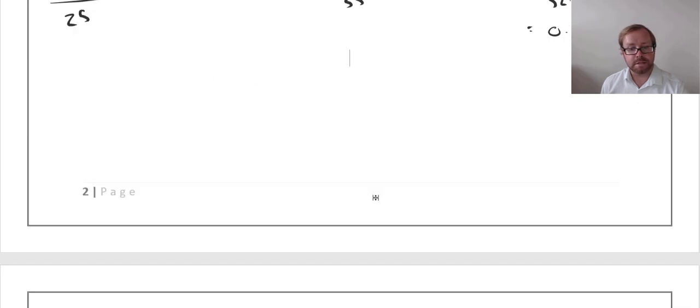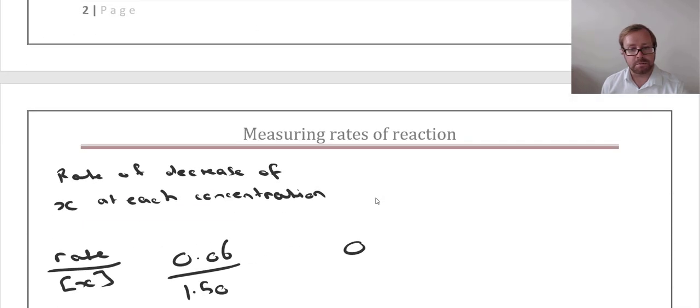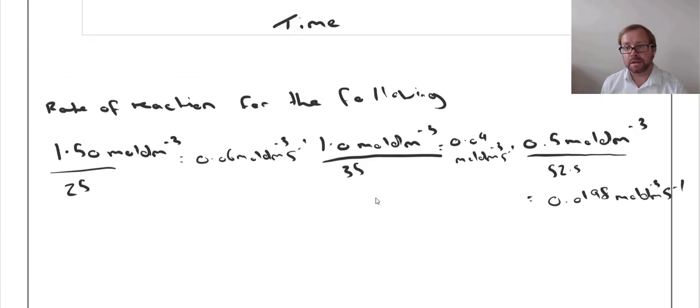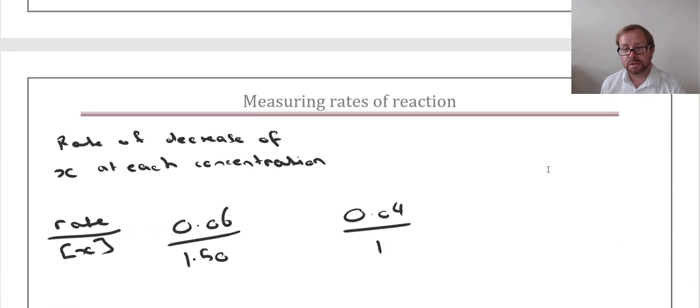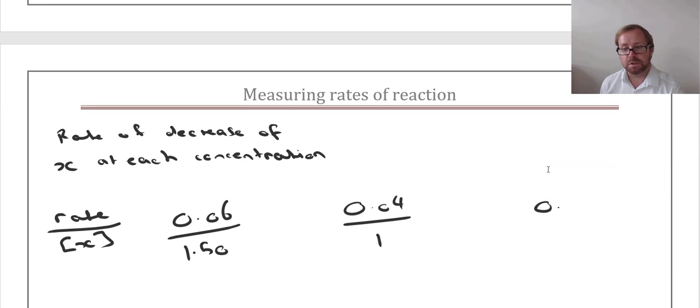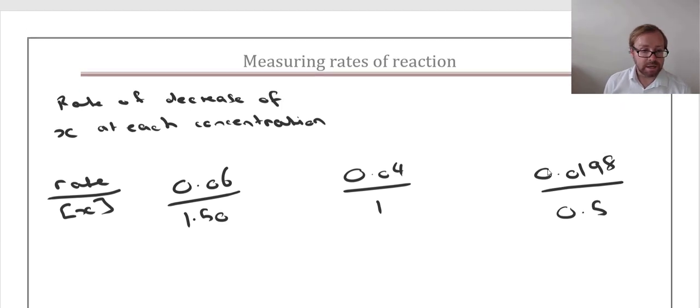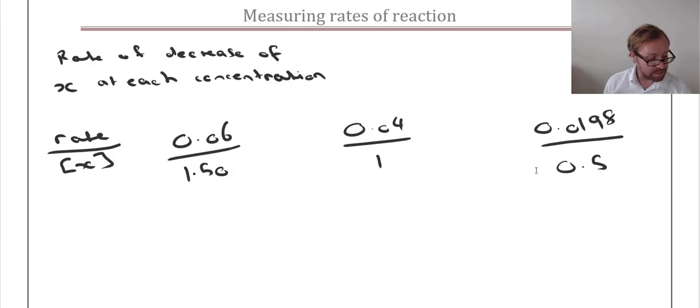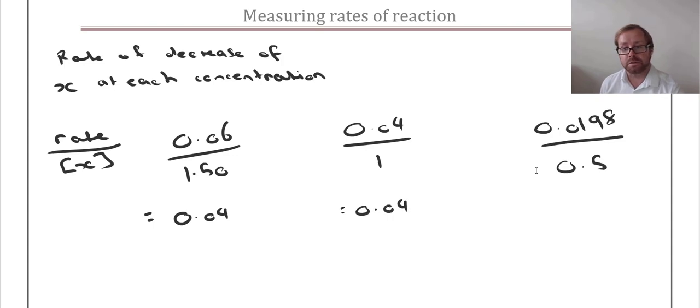My rate here was 0.04. My concentration was 1. And here my rate was 0.0198 over my concentration, which is 0.5. And if I do these calculations, I find out that they are all equal to, or nearly equal to, 0.04.